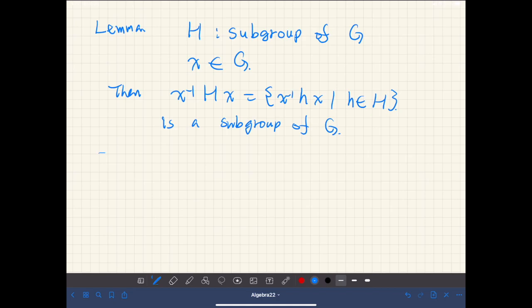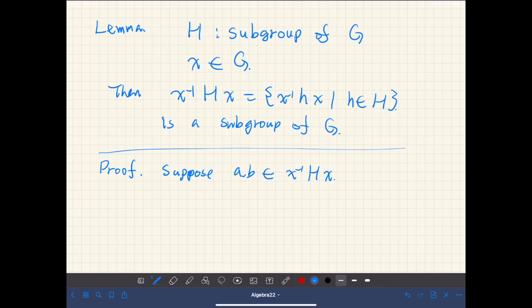Okay, let's prove this. Of course, we apply the subgroup criterion. So suppose A and B are elements of this subset.